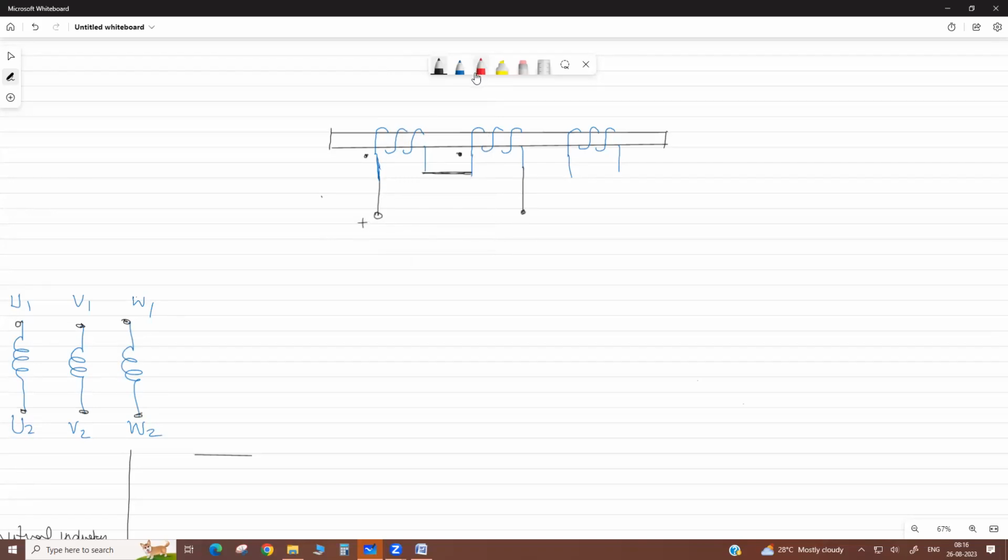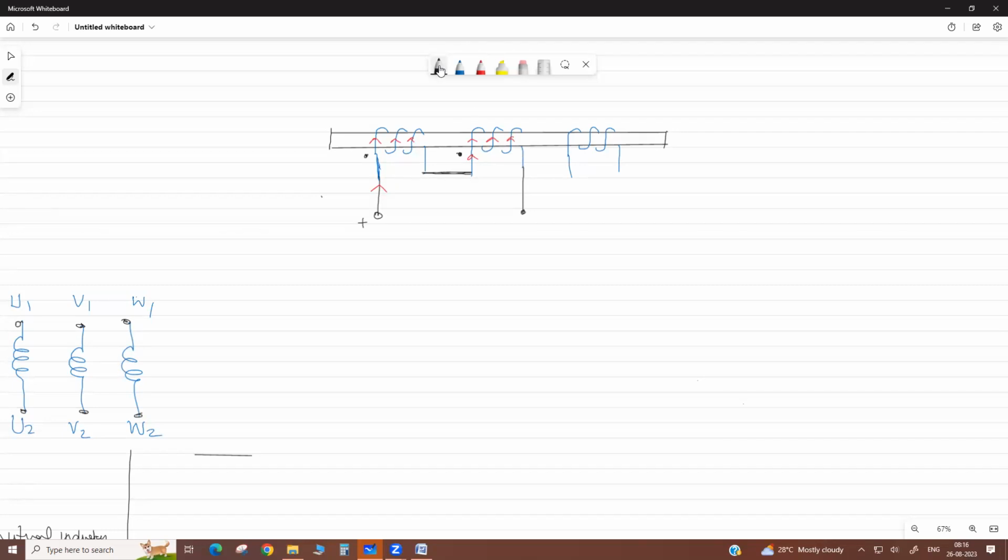Current starts to flow here, then enters this coil again. So see, what is the direction of the flux produced by this coil? Please apply the right hand thumb rule: if current is circulatory, flux is straight.